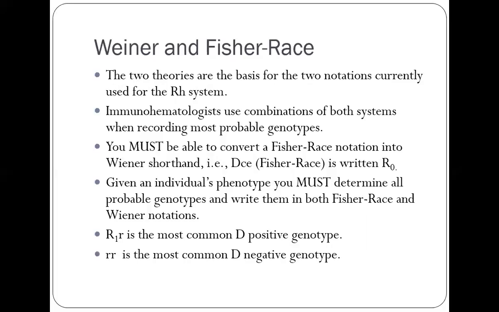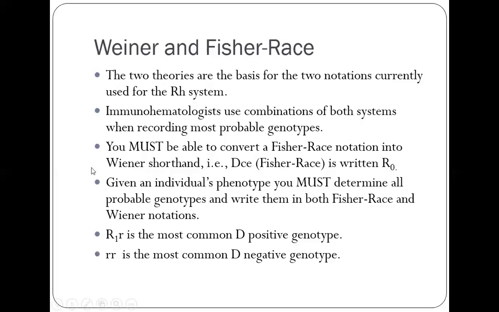So you must be able to convert a Fisher-Race notation into a Wiener shorthand. So again, we'd need to recognize that if there were 3 antigens, we're talking about a Fisher-Race. You're talking about 3 different genes. And then we'd have to convert it into the Wiener format, which is 1 gene.